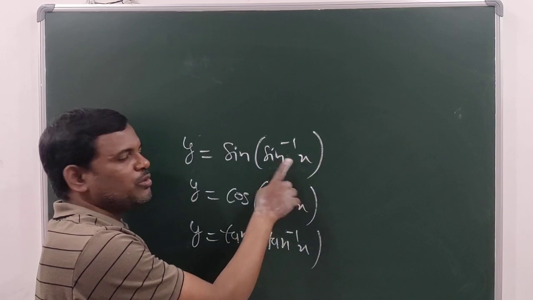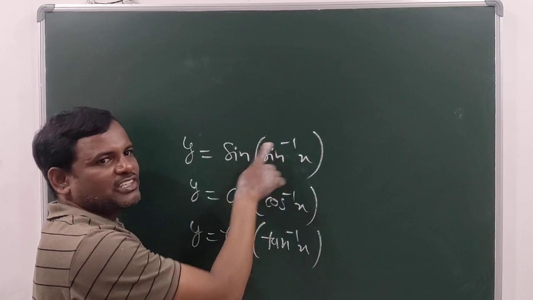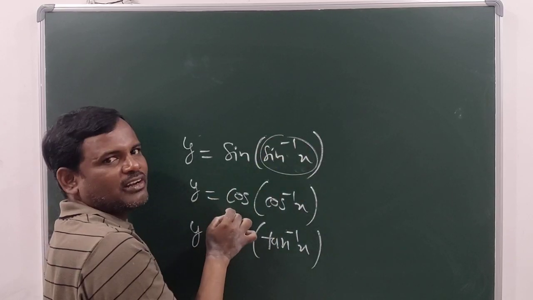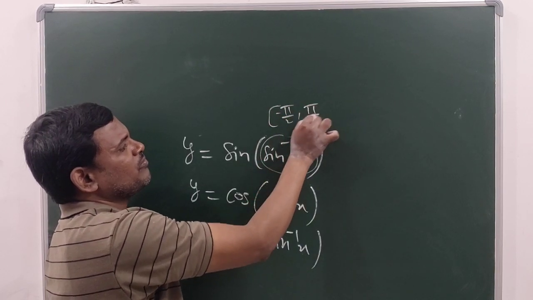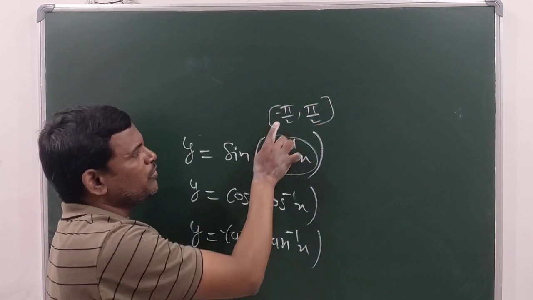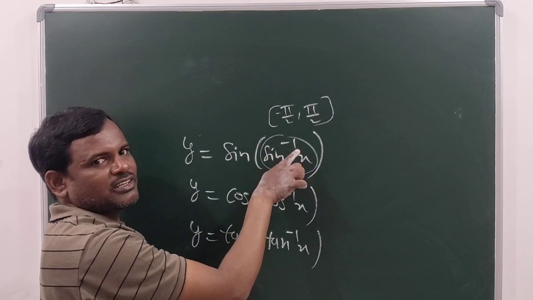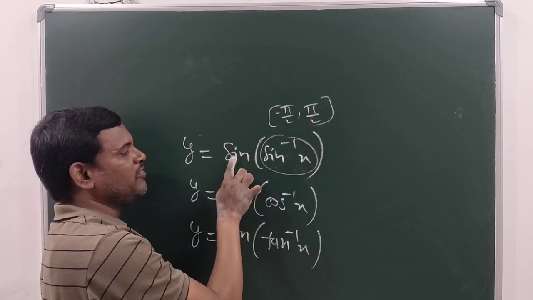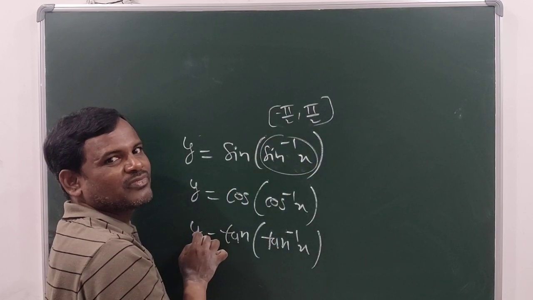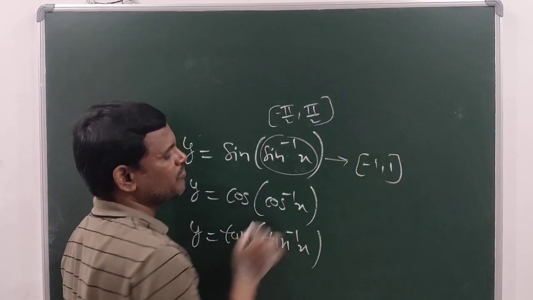On simplification, this result will be -90 to 90, the range, no? So if you assign any angle from -90 to 90 here, the range will be -1 to 1 you will get.